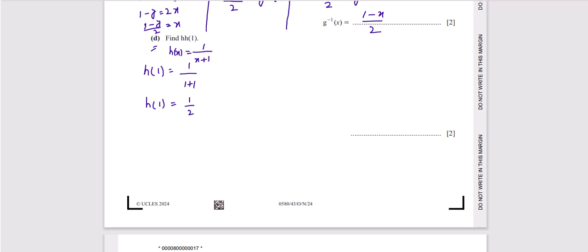Now apply h again. So h of 1 is equal to 1 by 2. Put it here: h of 1 over 2. Now the function h has the value 1 by 2, so again put 1 over x plus 1, where x is 1 by 2.